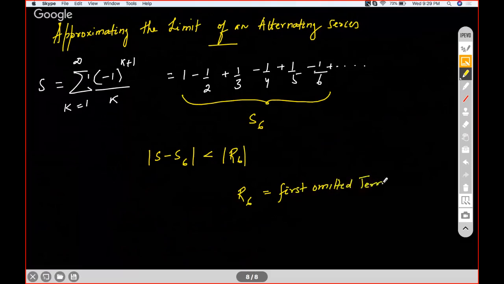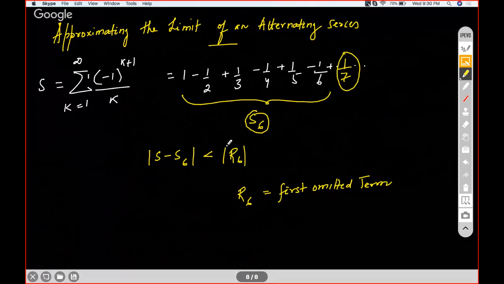Wait, what do you mean omitted term? Omitted term means, since I considered S6, ideally if I would have continued, I would have got 1 by 7, right? So that's the seventh term. This is the first omitted term, because we were asked to only take S6. Okay, so it's called R6, but it's basically the seventh term.